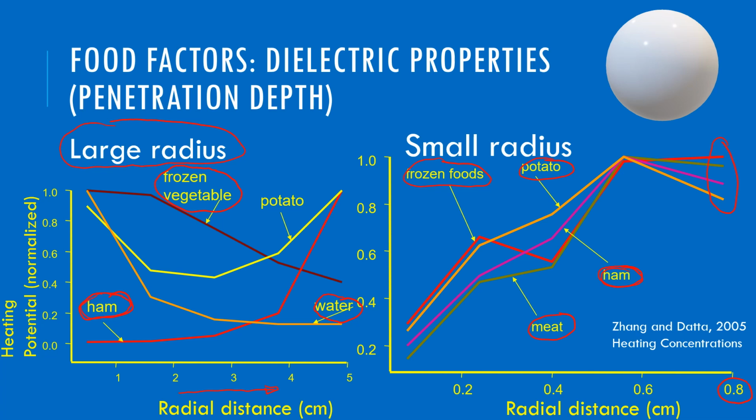By the way, focusing has to do with this effect, that the heating potential, averaged over all angles, the microwave energy deposition, actually increases for water and for frozen vegetable toward the center.